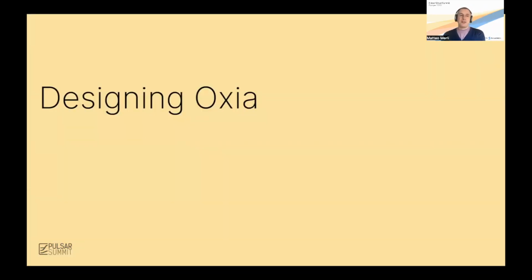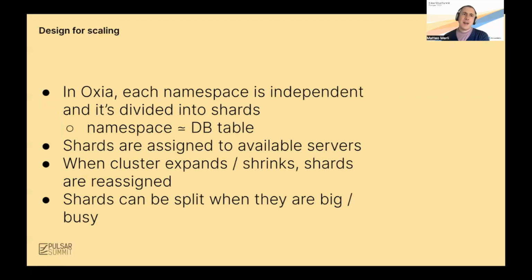Now I'm going to dive a bit more into how we started this journey of designing Oxia and what decisions we made. We said we wanted to design for scaling, and in Oxia each namespace is independent, and each namespace is also divided into shards. You can think of a namespace as a database table.